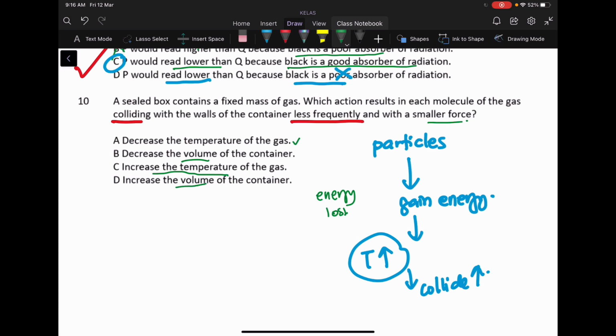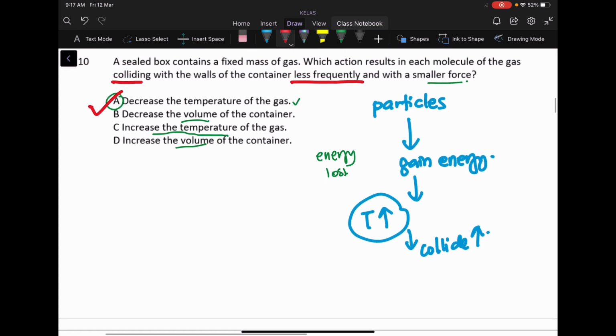If you increase the volume, it will collide with the walls of the container less frequently. But now it says about smaller force. So the best answer is A. It's about the temperature. When we talk about less frequently, it's about energy loss.